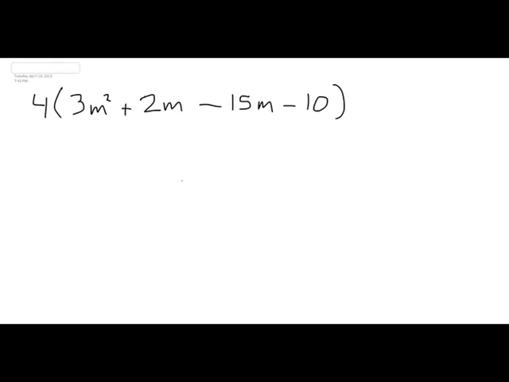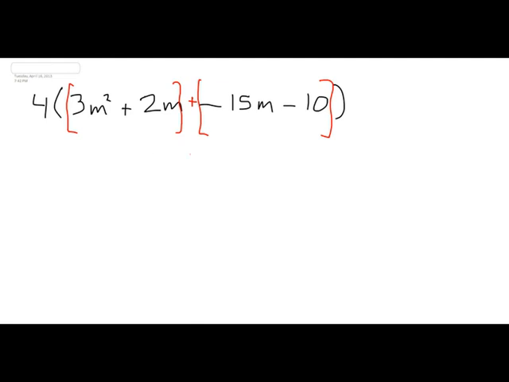So expanding out the negative 13, we're going to have 4 onto 3m squared plus 2m minus 15m minus 10. And now what we're going to do is factor this in pairs. Remember that between these two binomials, you always want to have an addition sign. So make sure to include any sign here with that term. So you always have to have an addition sign between there.